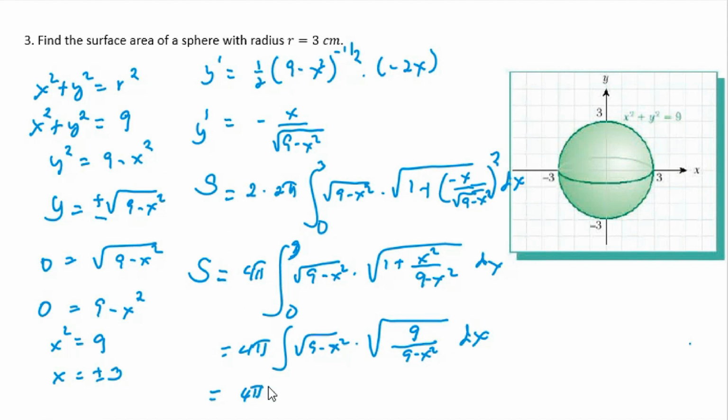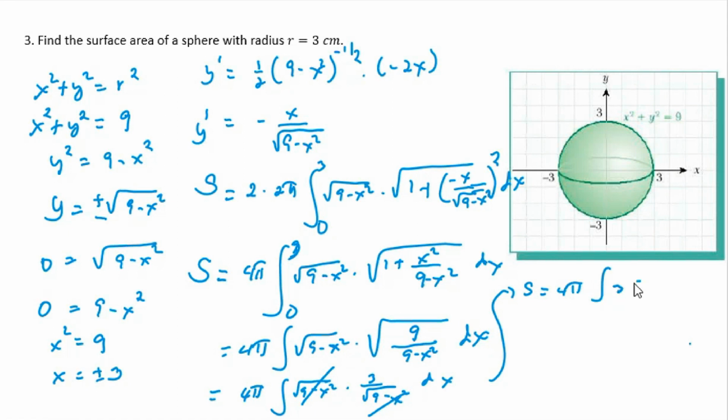We have 4 pi times the integral of the square root of 9 minus x squared times, I'm going to separate the numerator and denominator. The square root of 9 is equal to 3, and the denominator gives us the square root of 9 minus x squared, dx. We can see clearly that this one and this one will be cancelled. So therefore, we have S equal to 4 pi times the integral of 3 dx.